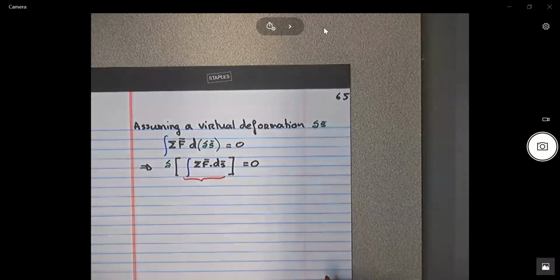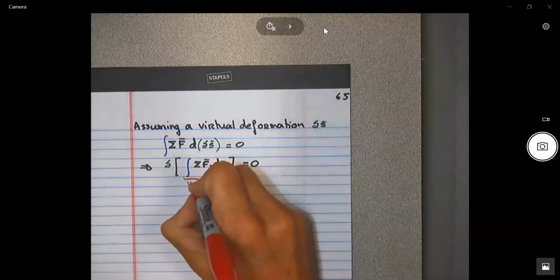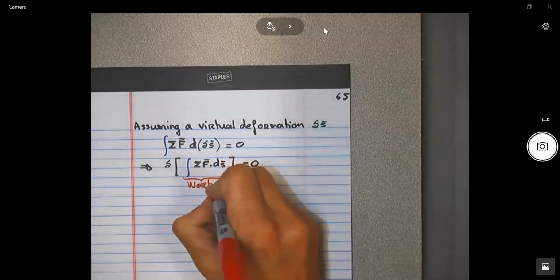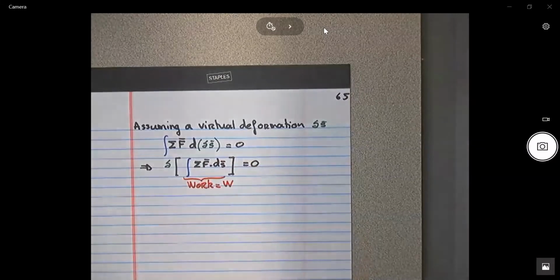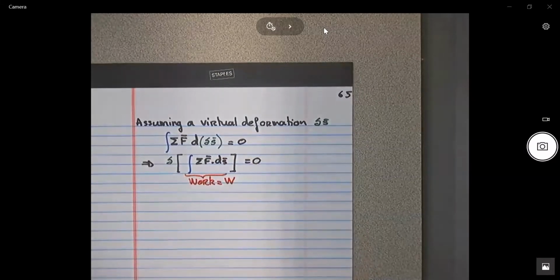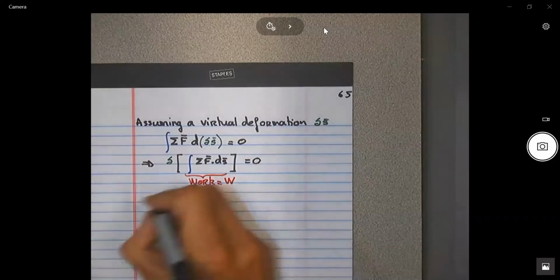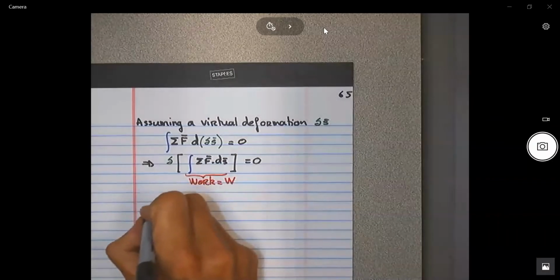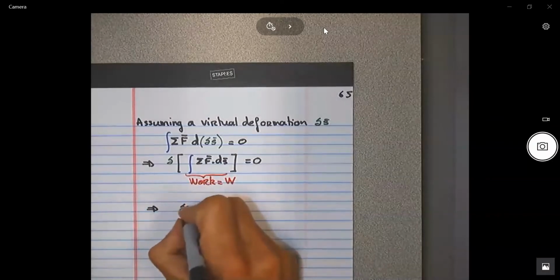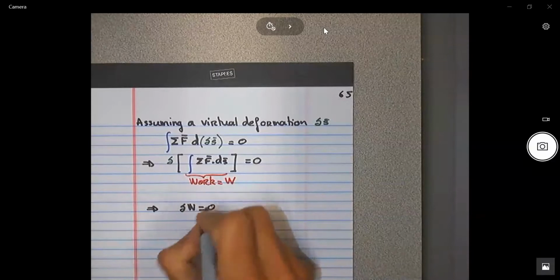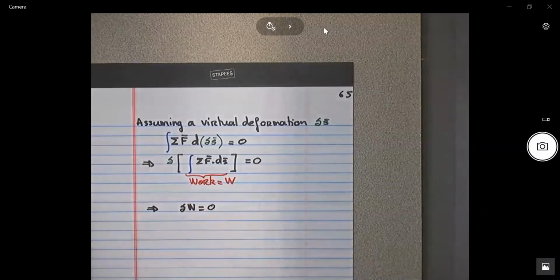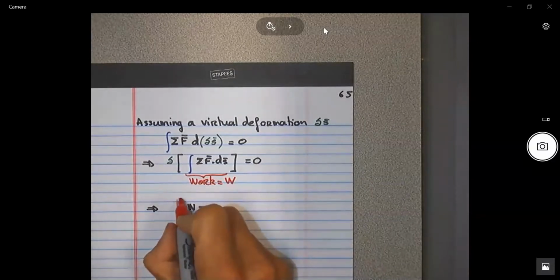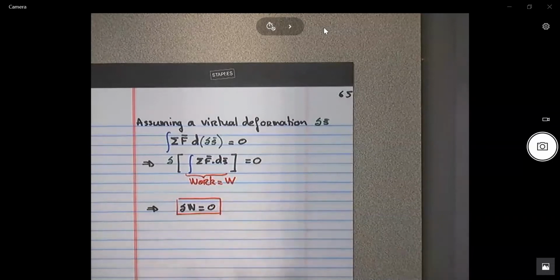What is the physical meaning of this term? This is work, okay? So let's say we call this work with the letter W. So then at the end, what do we have? We're going to have one equation here that says partial W, for work, equal to 0.